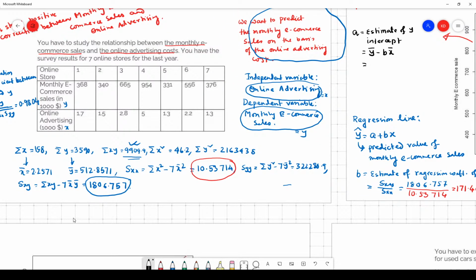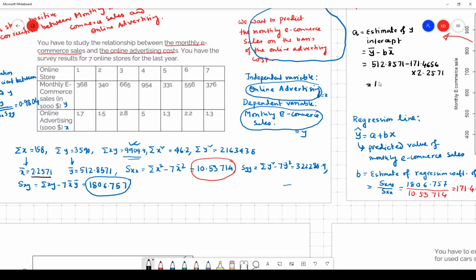Y bar is 512.8571 minus b, which is 171.4656, times x bar, which is 2.2571.